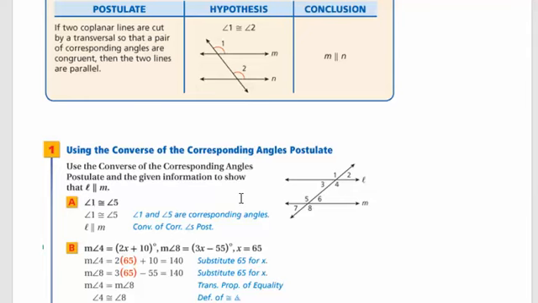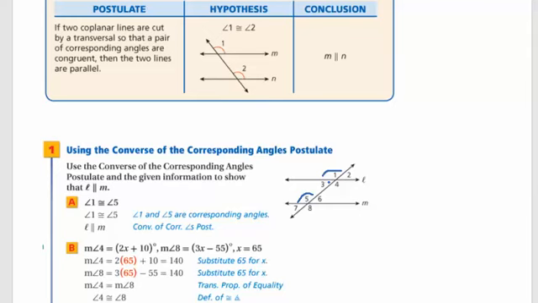So here we are given that angle 1 is congruent to angle 5, so we find those, and then we look at what kind of angles those are. Angle 1 is up here, and angle 5 is here. These are corresponding angles.